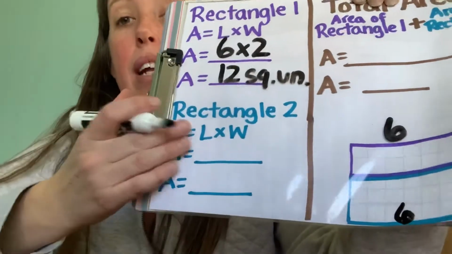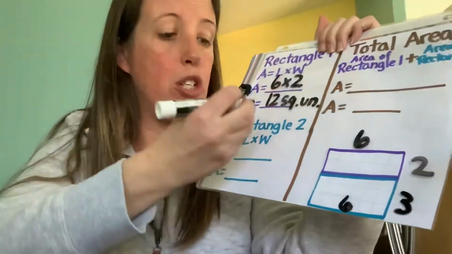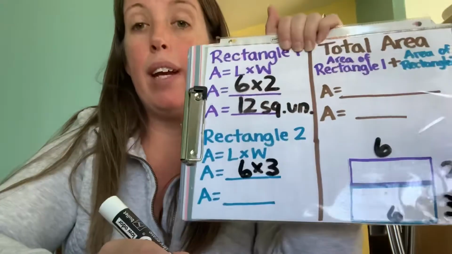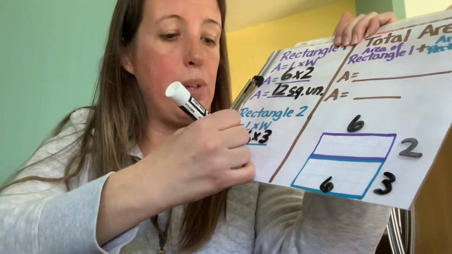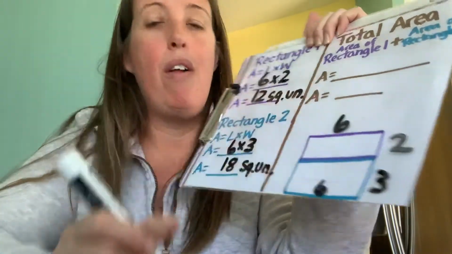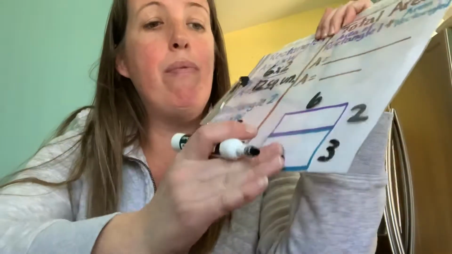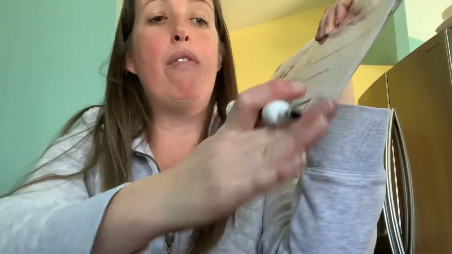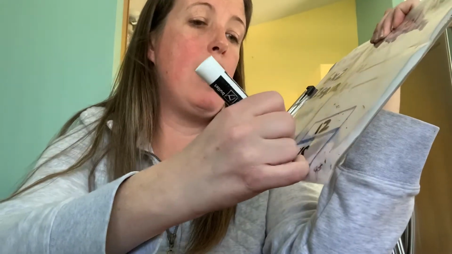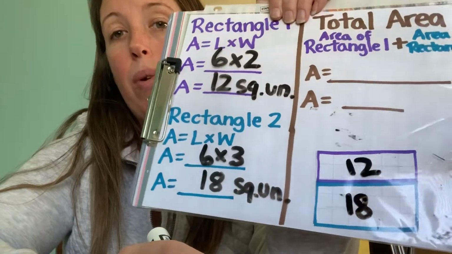And I'm going to fill that into my rectangle 2 portion of the mat. So 6 times 3. 6 times 3 equals 18 square units. So I now have the area of rectangle 1, which was 12 square units, and rectangle 2, which is 18 square units.